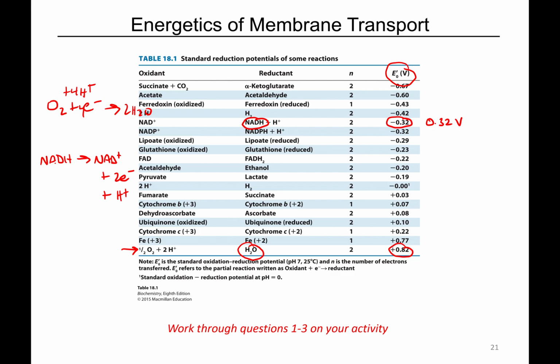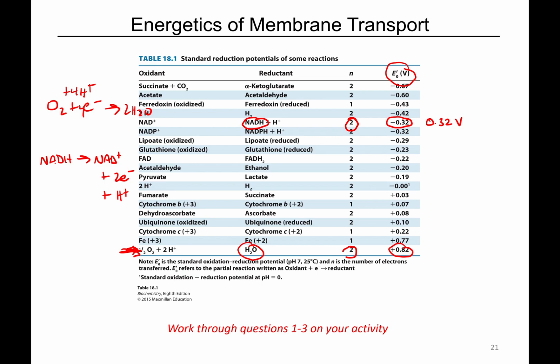Okay? When you join these two reactions together, as I show you in question 1A, right? So when we line them up, we see that both of them transfer 2 electrons. If we're dealing with this reaction we see down here, it transfers 2 electrons, and NADH provides 2 electrons. So the idea is we can just add up these reduction potentials.